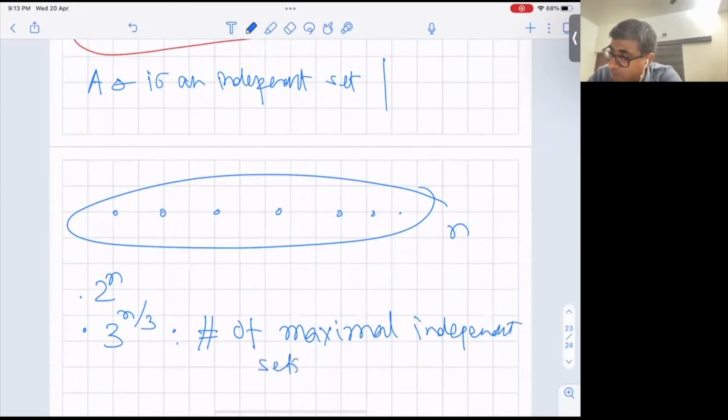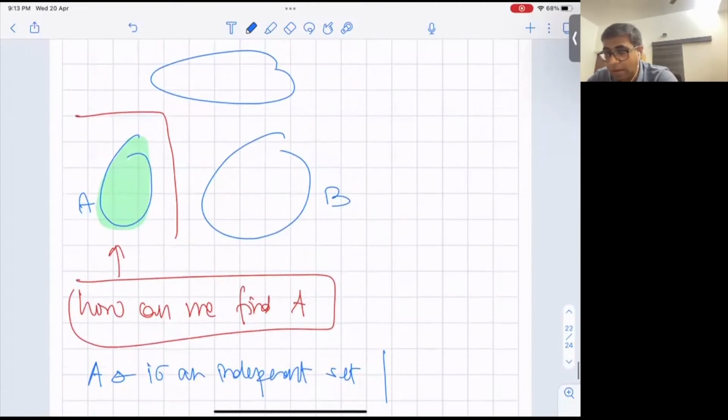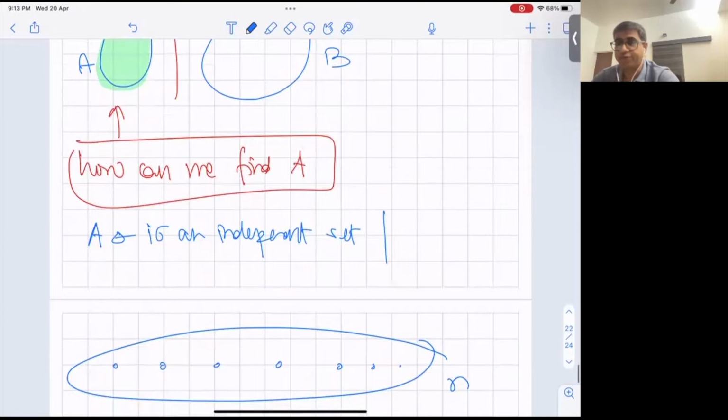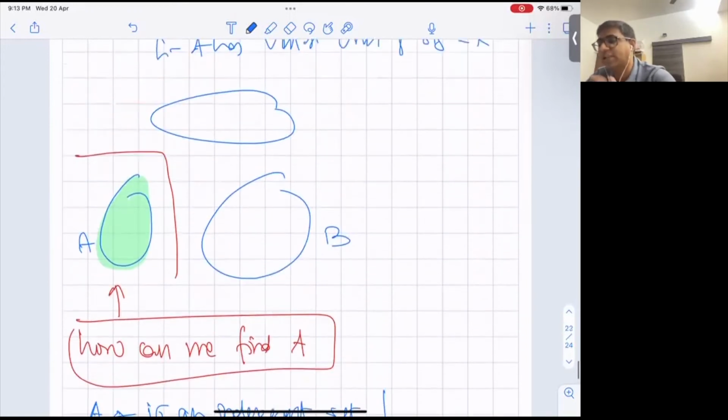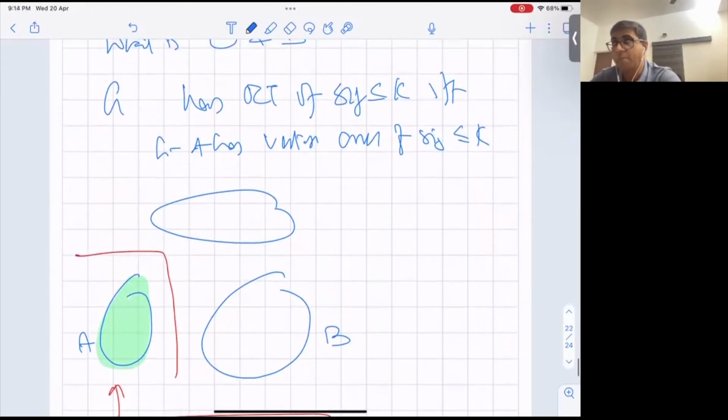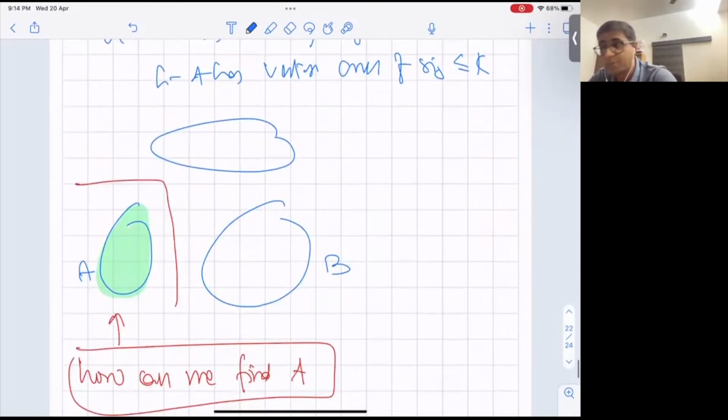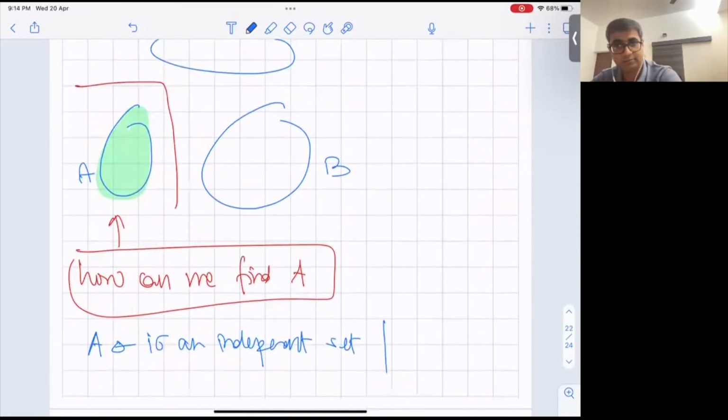Okay. Excellent. Right? So I need to know A. If I can only show that A is an independent set, then I can only say, let's enumerate all A, then it's like 2 power n. But if I can also show that I can actually take A to be a maximal independent set, then probably we can do some saving.